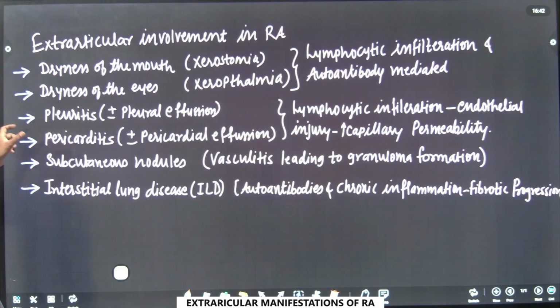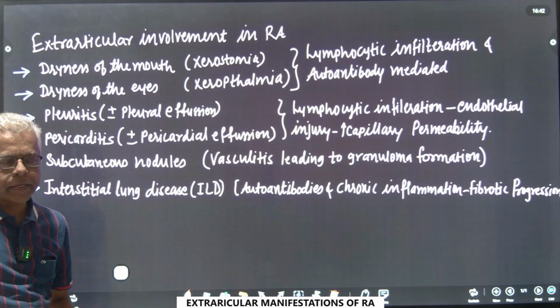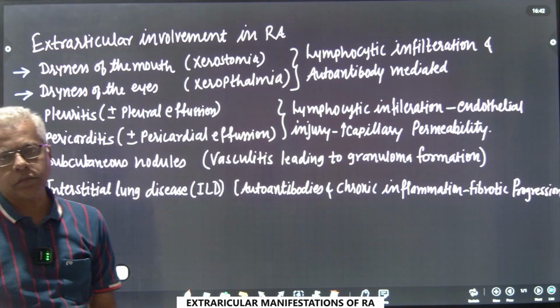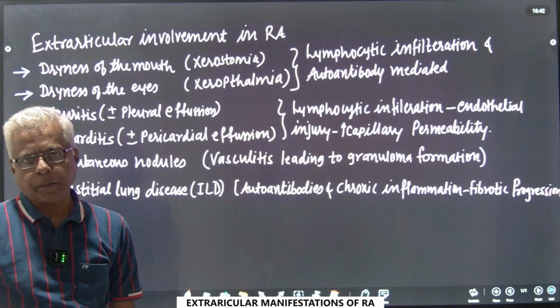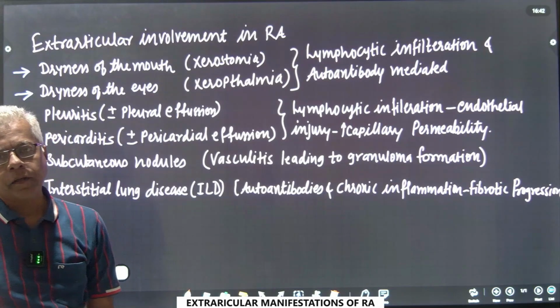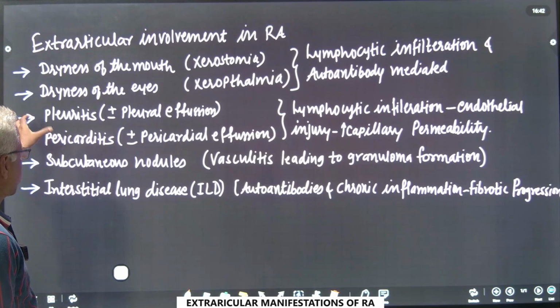Then next is pleuritis and pericarditis. We get this because we know that these autoantibodies which are formed directly attack these pericardial tissues and these pleural tissues, thereby inducing inflammation there, and because of that we get pleural pains and pericardial pains.